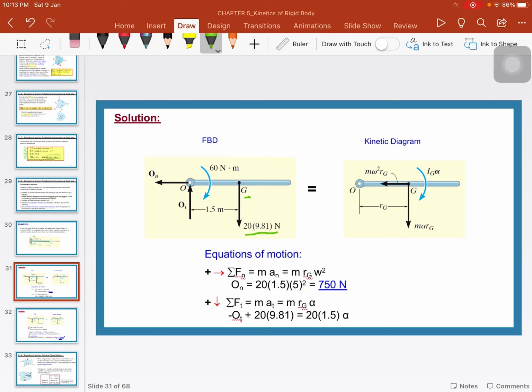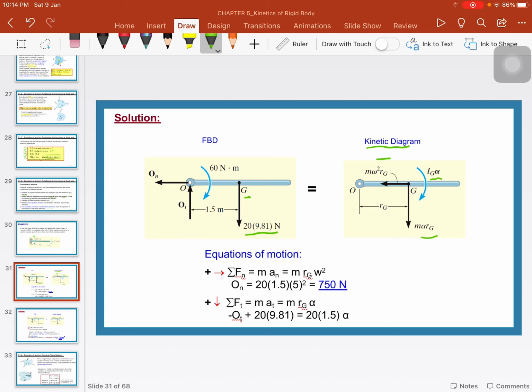Next, draw the kinetic diagram. Label M alpha RG and M omega squared RG, and also label IG alpha, which is the angular acceleration of the rod. Next, write the equation of motion. Since this motion is rotation about a fixed axis, we have two components of force, normal and tangent.